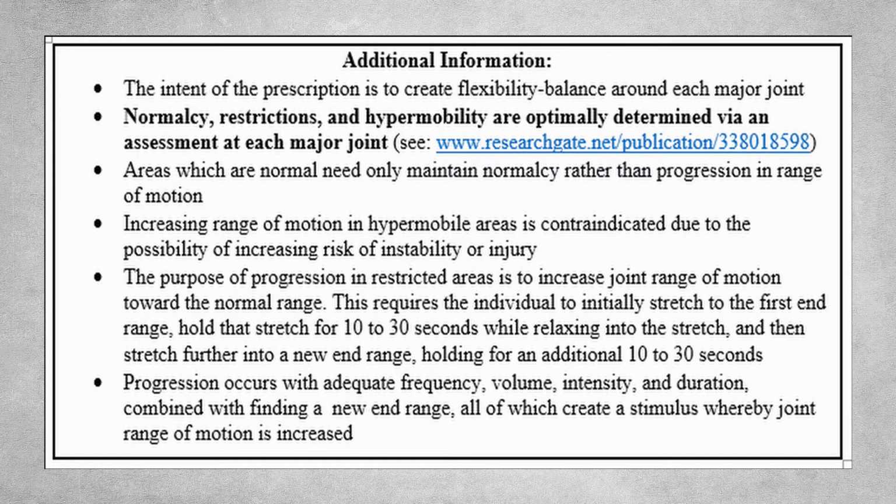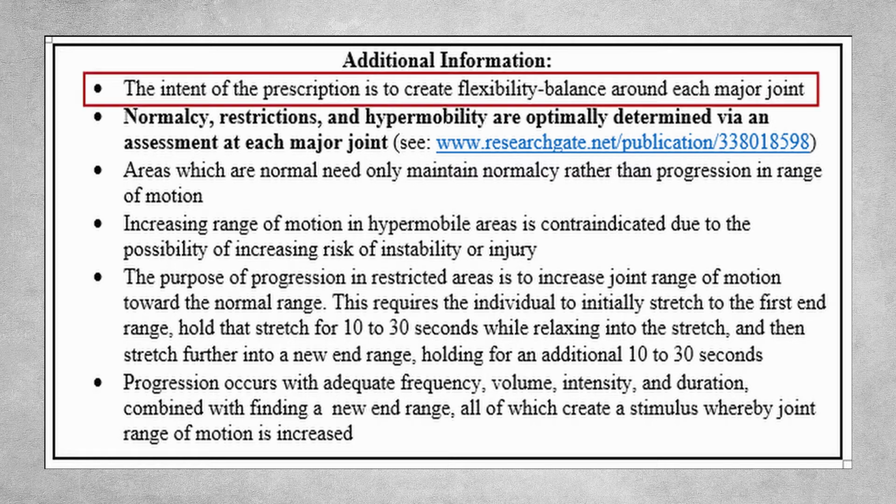So a critical point to understand, which just isn't really being put out there adequately by the fields of exercise science and sports medicine, is that the intent of a prescription or flexibility training should be to create flexibility balance around each major joint.